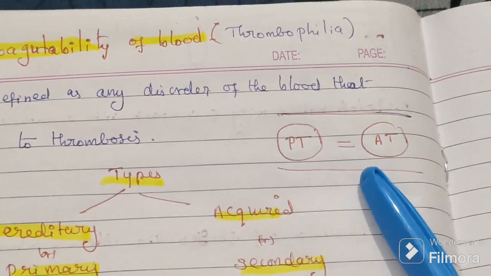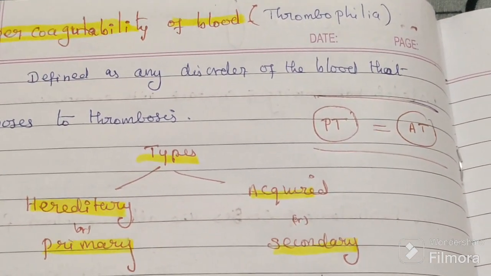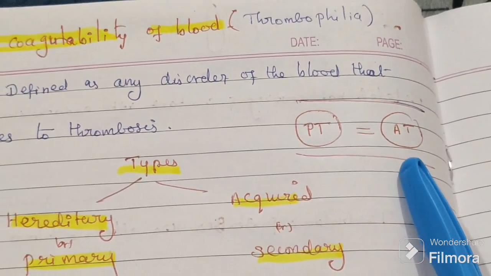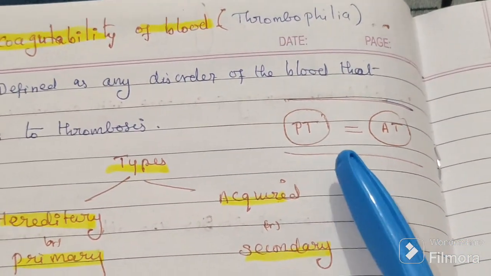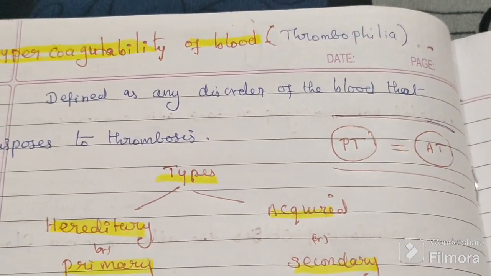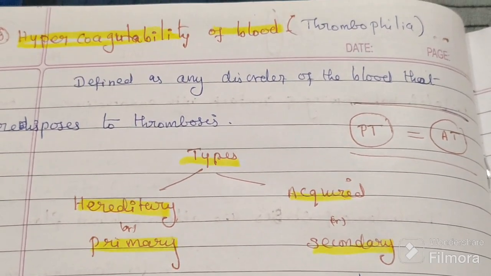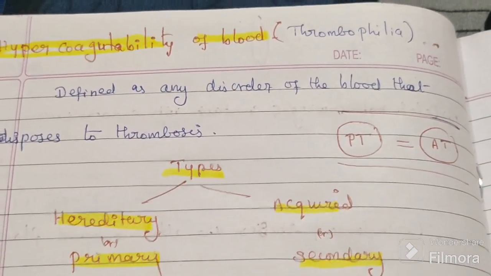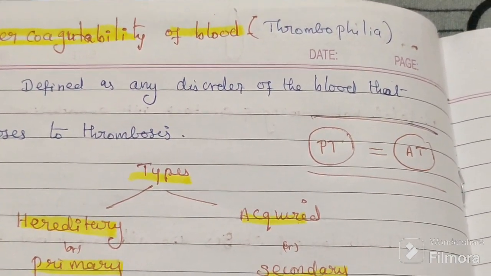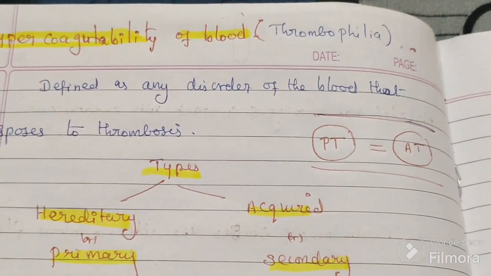Normally this one is the blood vessel. Here we have two materials. We know prothrombotic material and antithrombotic material, PT and AT. Prothrombotic and antithrombotic material are present. So there are many AT, antithrombotic things. Normally they are opposite and equal.